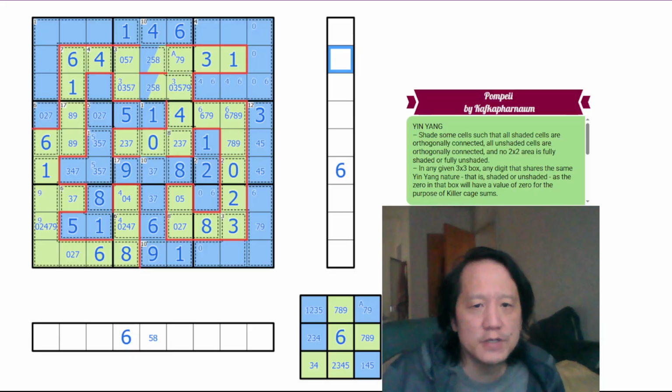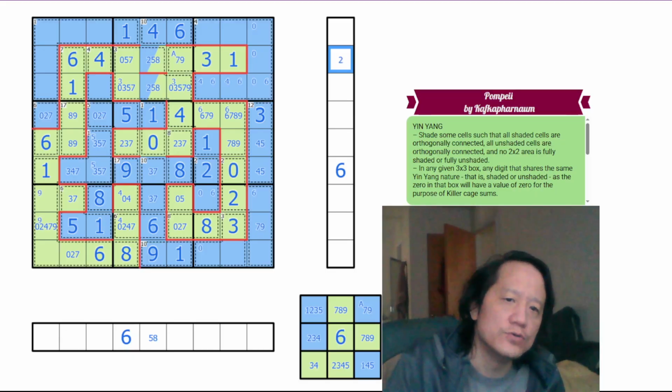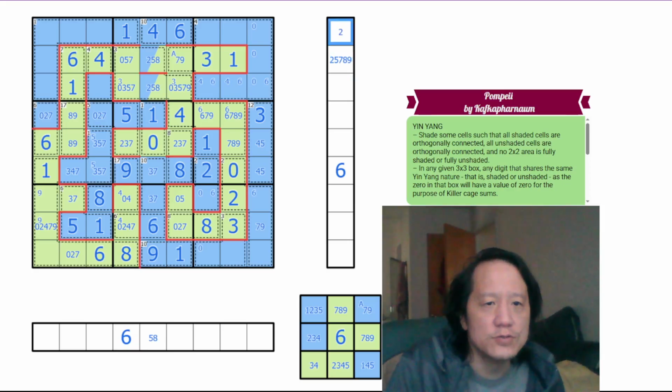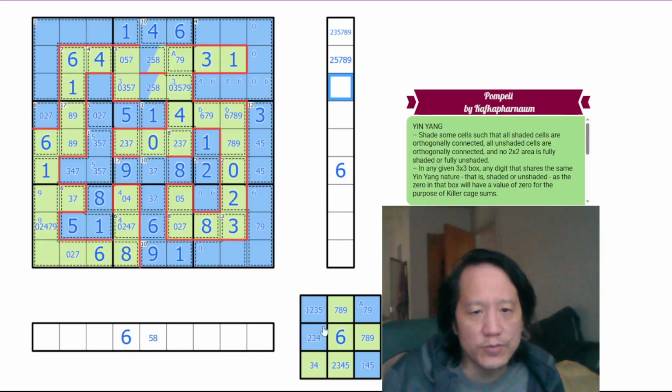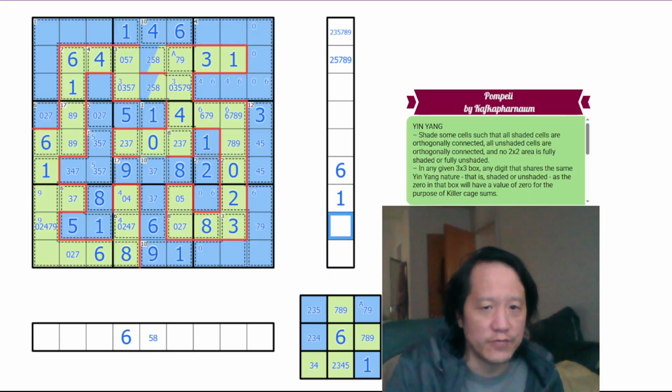So what we're missing could be 2. No 1, 3. No 4, 5, 7, 8, 9. This could be 2, 3, 5, 7, 8, 9. And so we have all three. This can't be 1. So we're missing a 1 in box 9.